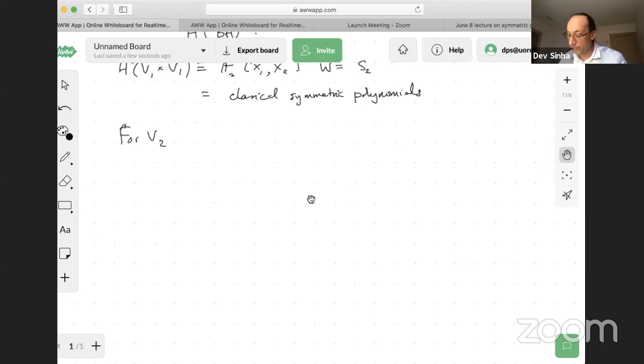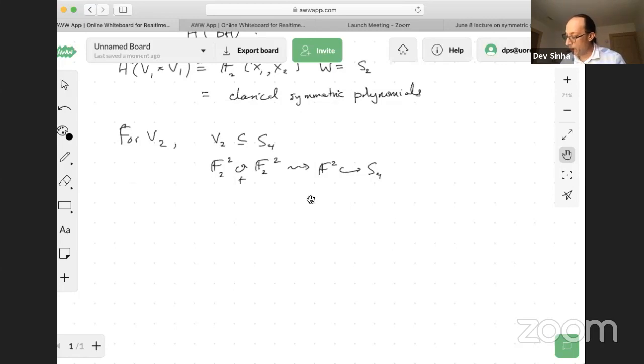But in that case, what is V2? The inclusion of V2 in S4 is the inclusion you get by having F2 squared, in other words, that little 2-dimensional vector space over F2, act on itself by addition, the action on the left. It's acting on 4 things, so we've got some embedding.